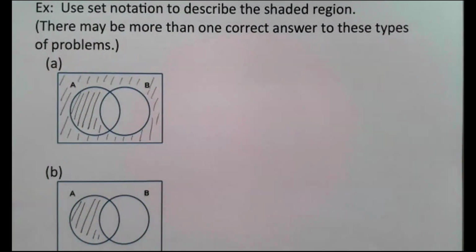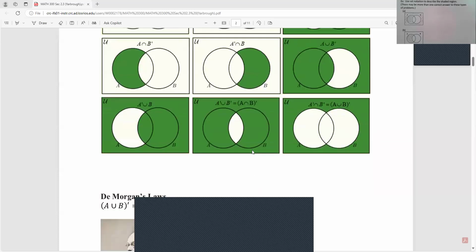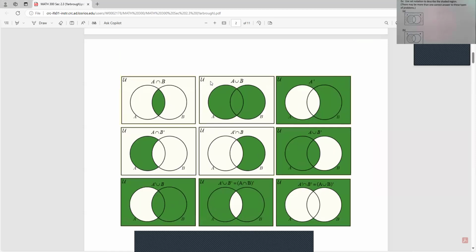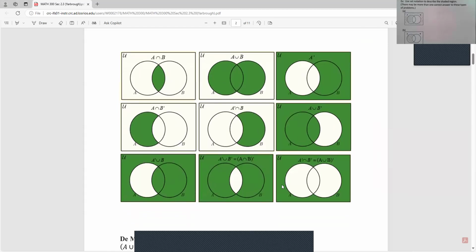Remember that De Morgan's law confirms that. Going back to something I showed you earlier today, for example, look at these last two right here. If this was the shading we were given, it could either be A complement union B complement, or it could be the complement of A intersect B. Both of those would be good answers for this.